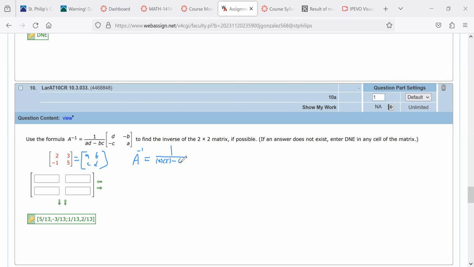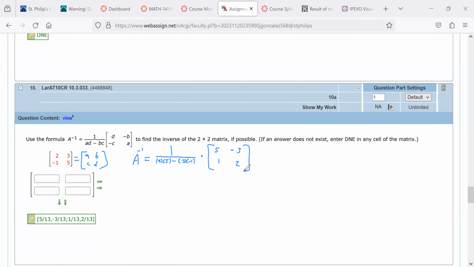So it'll be 3 times -1, times D, which is 5. Negative B, so -3. Negative C, so that's in the same spot, it just becomes positive. And A, 2.